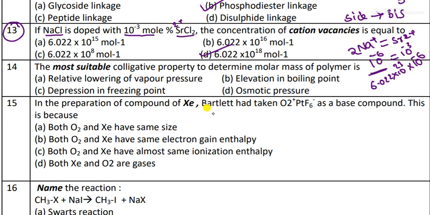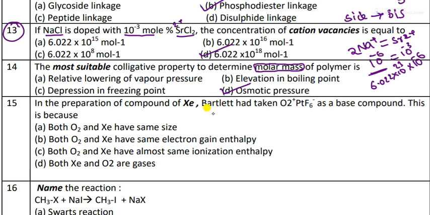So 10 to the power of minus 3 moles are enough. Multiply the Avogadro number, 6.022 into 10 to the power of 23, with 10 to the power of minus 3. It comes to order of 10 to the power of 17 to 18. So the answer is option D.